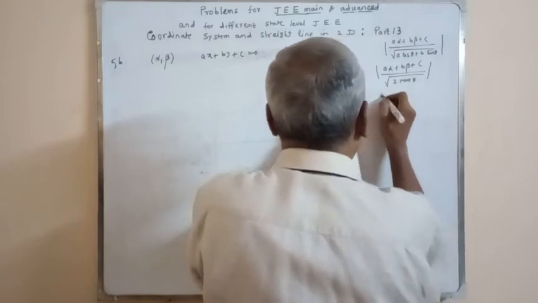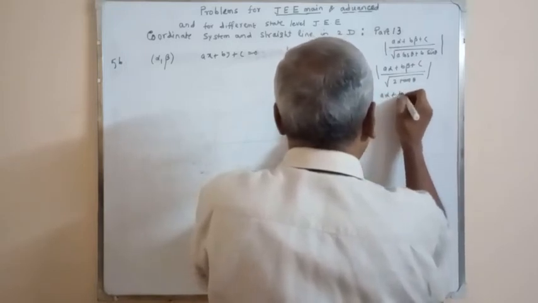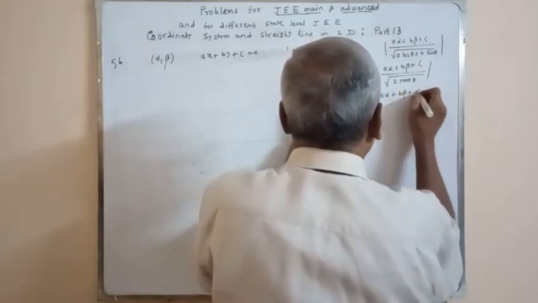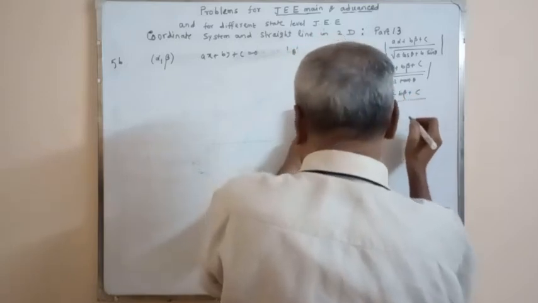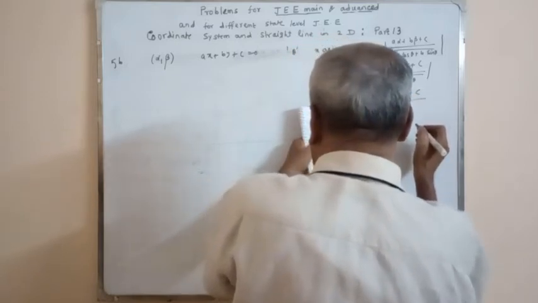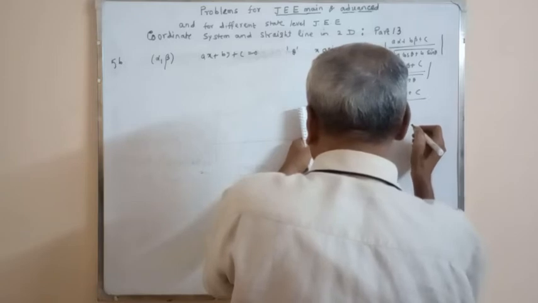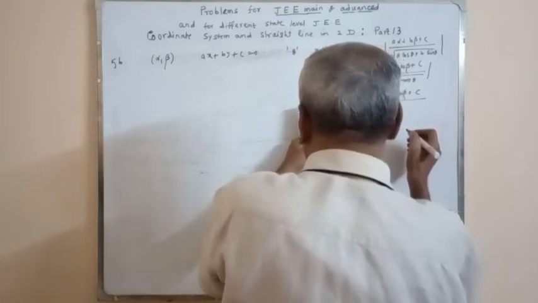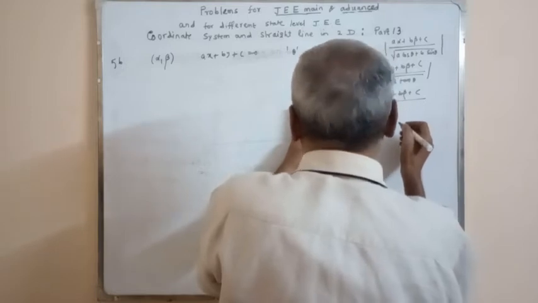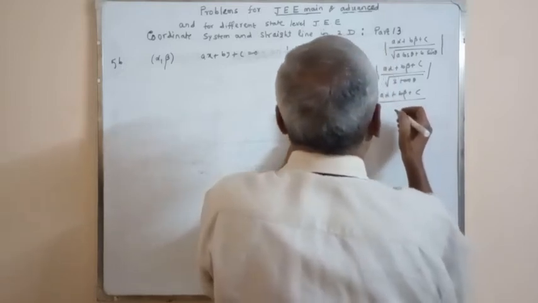A alpha plus b beta plus c divided by a cos theta plus b sin theta.